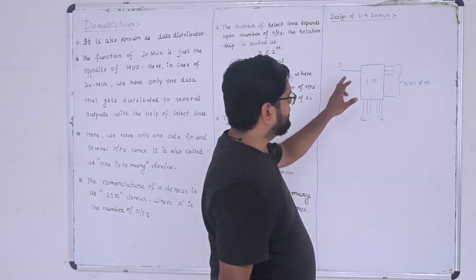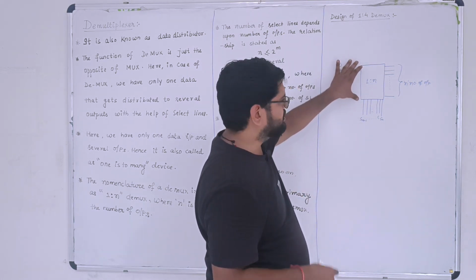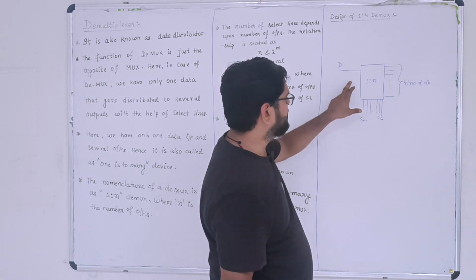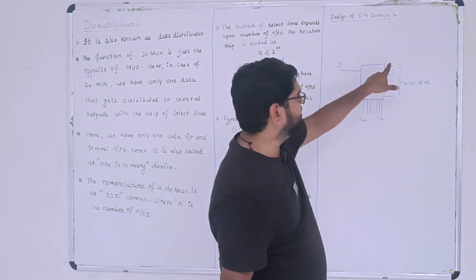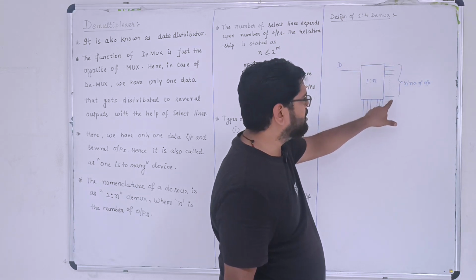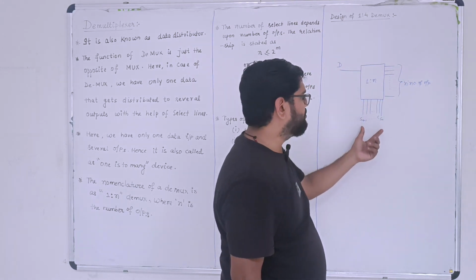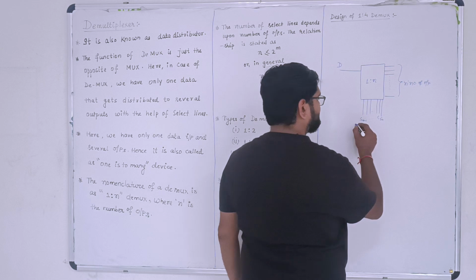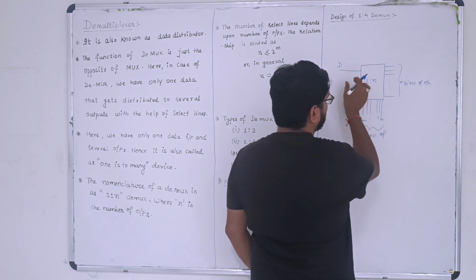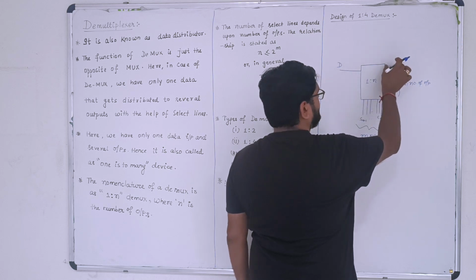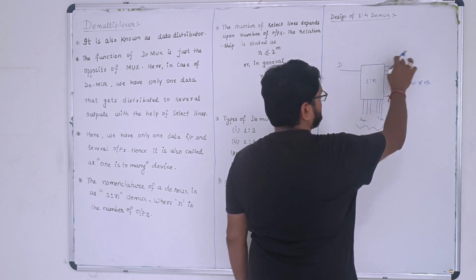So it is a kind of combinational circuit or digital electronic device where we have only one data input, and it is distributed over a number of outputs with the help of these select lines. These m select lines decide which of the outputs will get this data.